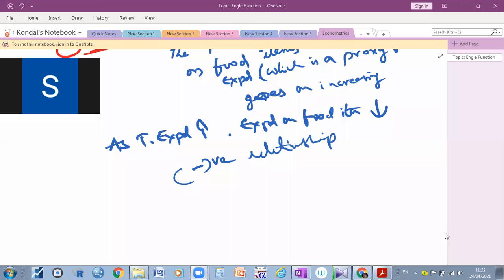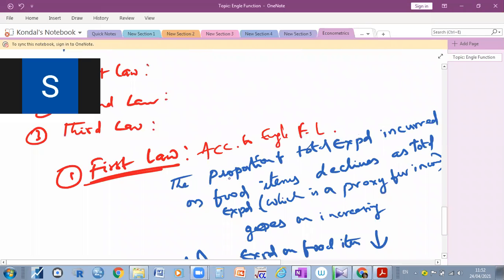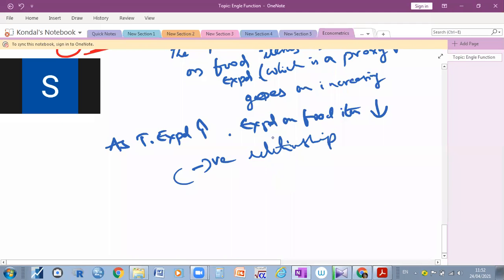As per Engel's first law, the proportion of total expenditure incurred on food items declines as expenditure increases. When your income increases, will you spend more money on food items?